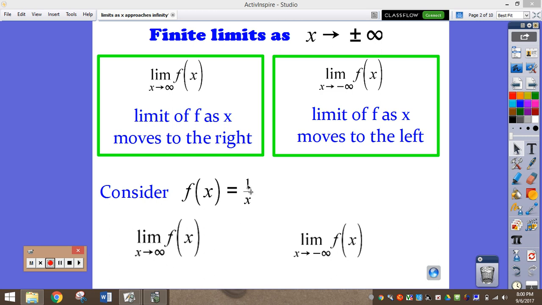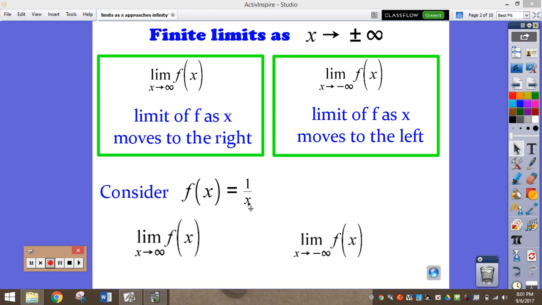And so if I have 1 over a really large number, let's say we were evaluating this limit using substitution, and I plugged infinity in for x. That's 1 over a huge number. And then as we continue further to the right, that number is just getting bigger and bigger and bigger. And 1 over a really big number is practically 0.